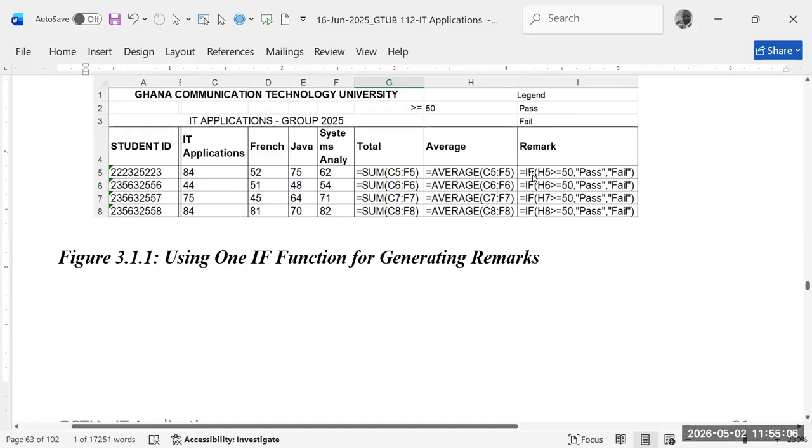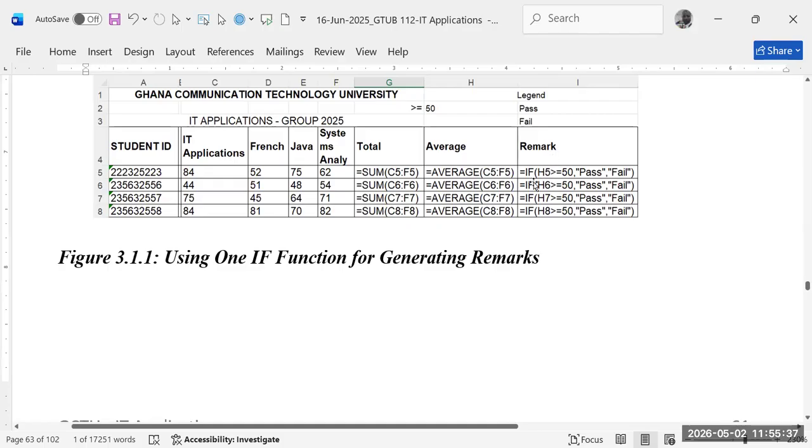So here we are saying that if the average, which is H5, is greater or equal to 50, that means anything here greater or equal to 50, we first type equal to if, that is the command, open bracket, then where you use to determine the condition is here, which is H5.